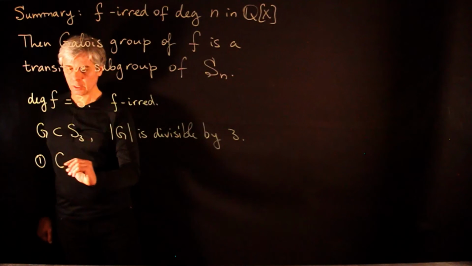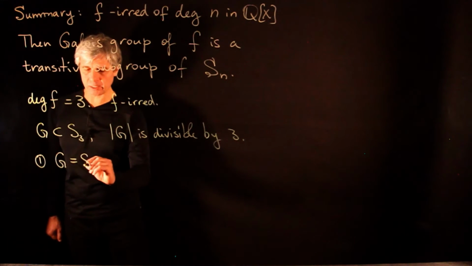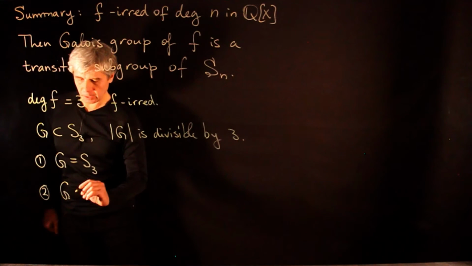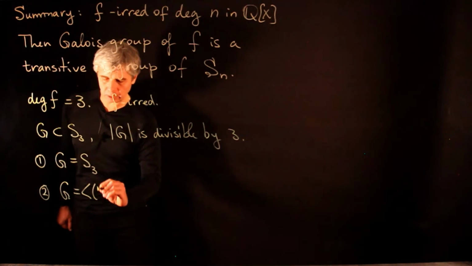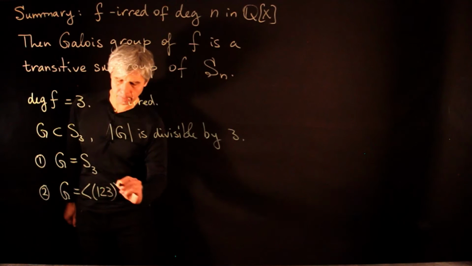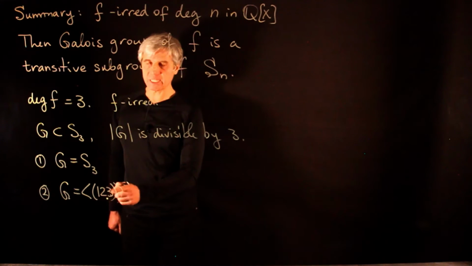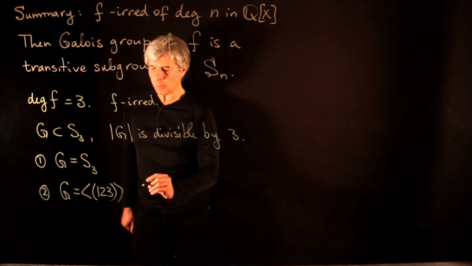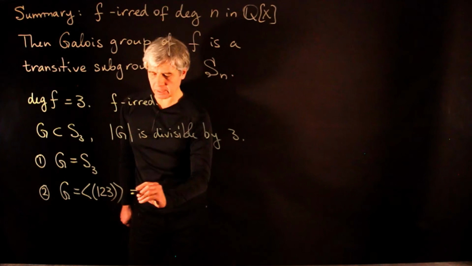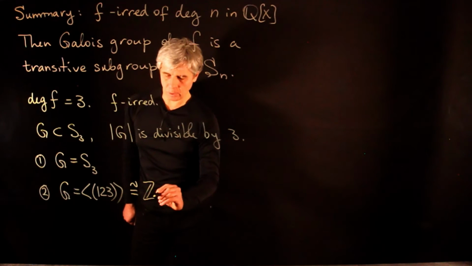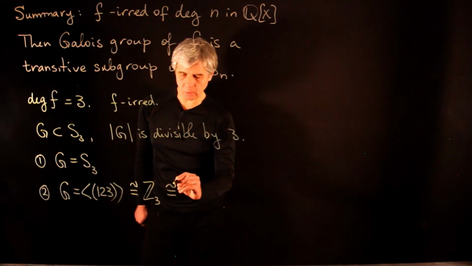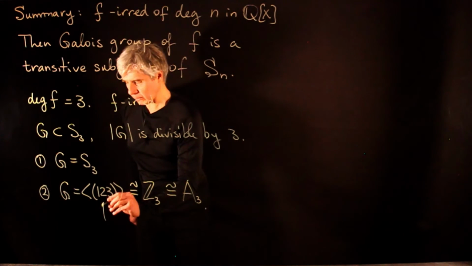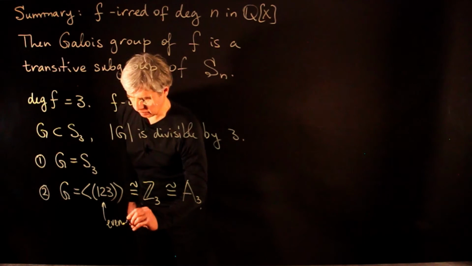One, it is possible that G is equal to S3. And two is that G is a cyclic subgroup generated by a 3-cycle (1 2 3). Clearly, such a cycle will act transitively on the set of roots. This group may be viewed either as Z3 or as the alternating group A3, because the 3-cycle is an even permutation.